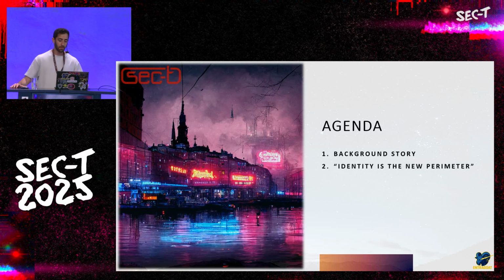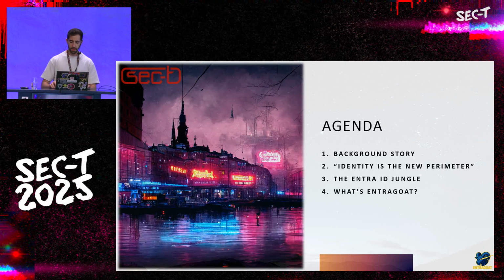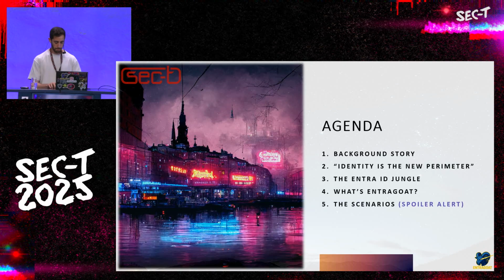Secondly, we're going to talk about the very big title, "identity is the new perimeter." We're going to delve deep into the whole situation with Entra ID and the problems it currently has. And then we're going to show you what EntraGoat is all about, and we're going to deep dive into all the scenarios. By the way, spoiler alert.